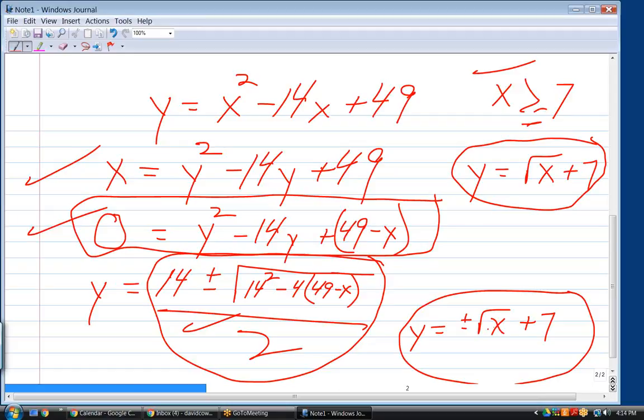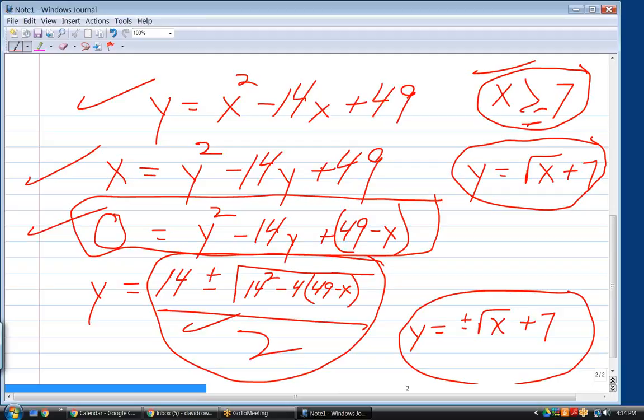But because we switch the variables, this domain issue makes sense, because when you're dealing with inverse functions, basically what you're doing is switching the domain and range. In other words, if I have a domain and range for that function right there, then my domain and range for my inverse function is the exact opposite.